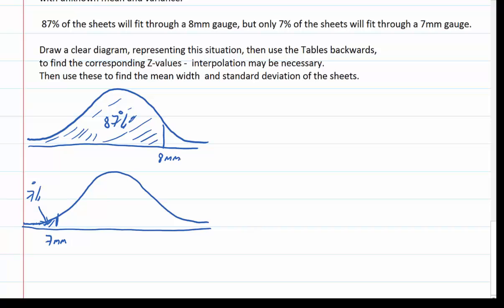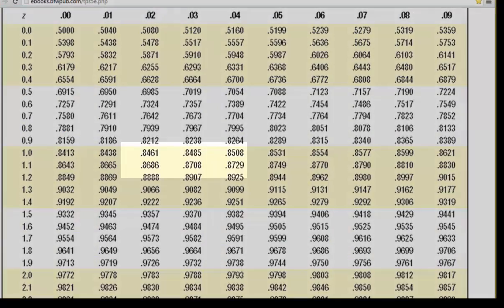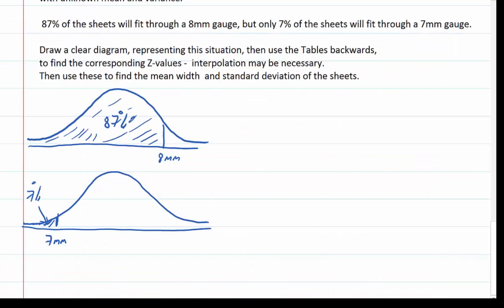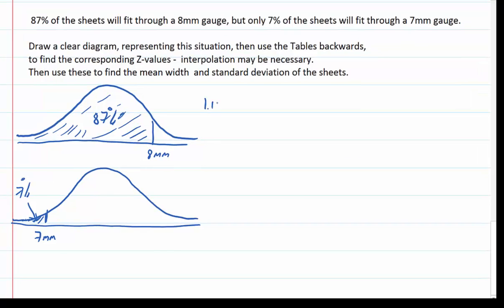So our job is to find the Z values associated with these probabilities. So first of all, looking at the 0.87, we need to try to find 0.87 in the tables, and it's actually around here. 1.12 is 0.8686 and 1.13 is 0.8708.